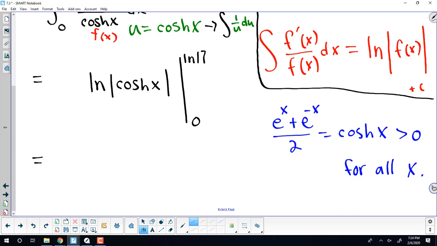But hyperbolic cosine is always positive. Is hyperbolic cosine ever 0? No, never 0. So you don't have things to worry about when we're taking the natural log of this quantity.